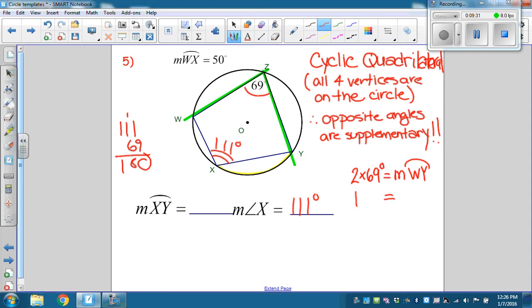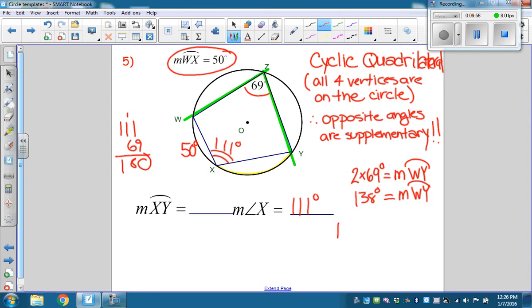So 138 is equal to the measure of RWY. But when I look at my given information up here, I know that WX is 50 degrees.